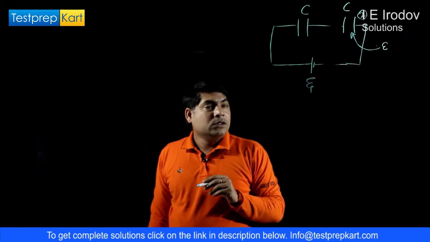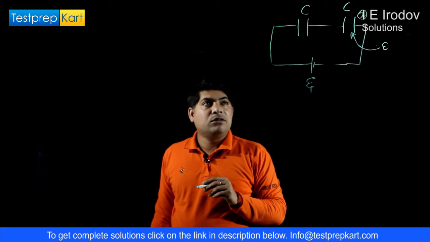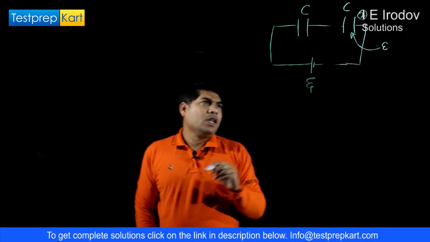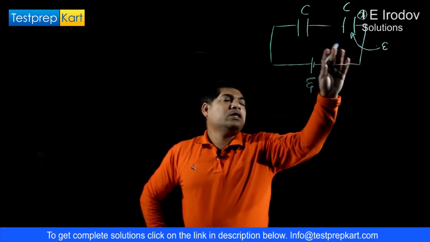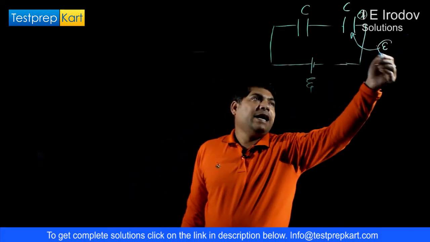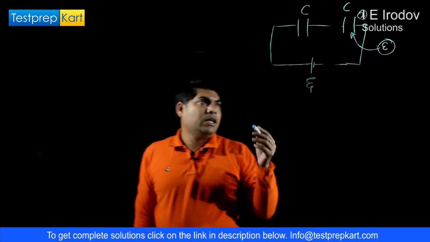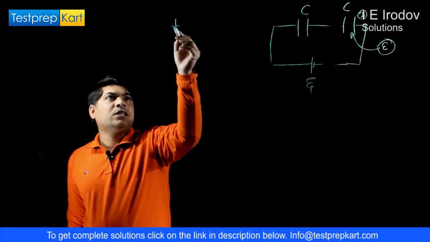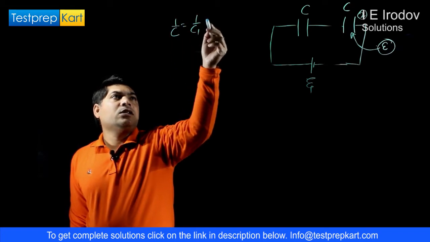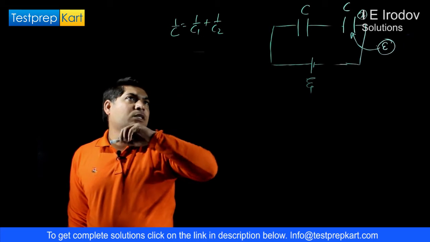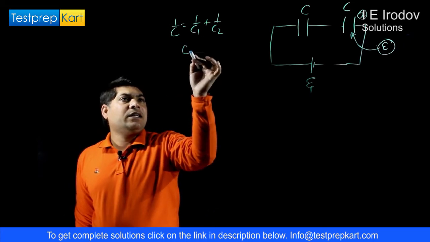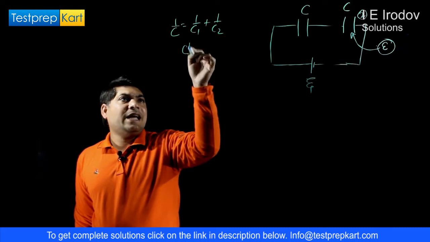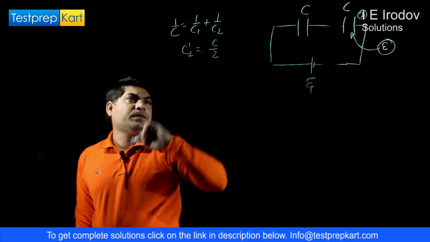So let's see how to solve this problem. Look, initially when there was no dielectric inside the capacitor, we can find the net capacitance in series combination: 1 over C is equal to 1 over C1 plus 1 over C2. From here we get the initial capacitance, let's take C dash is equal to C by 2.